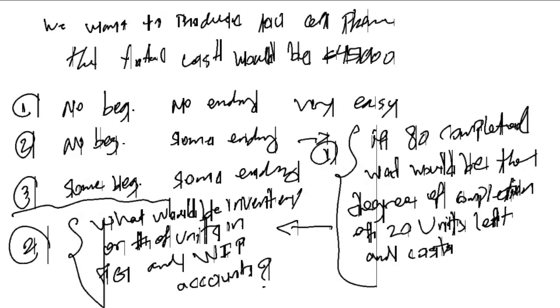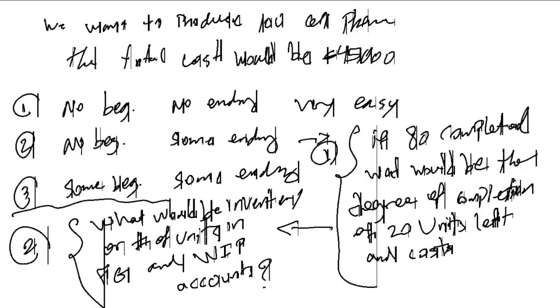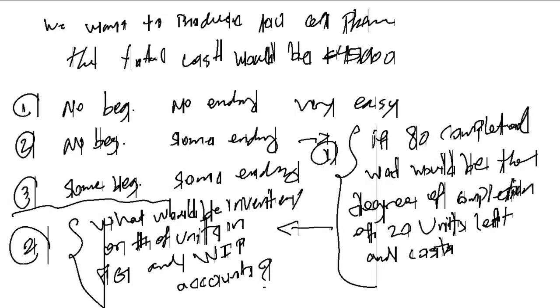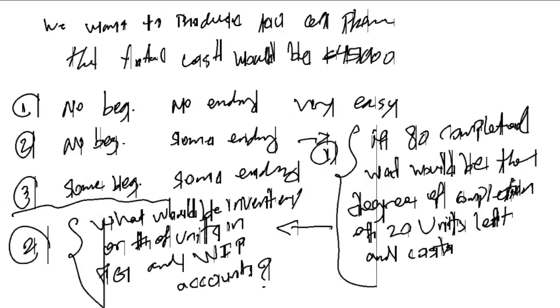I just want to give you the concept behind this method of costing and make sure you understand the reason that we're using a different method compared to job costing.